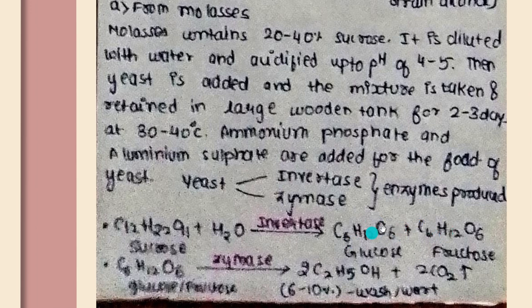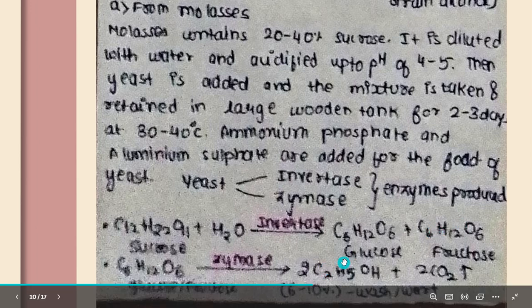One is glucose and one is fructose. That's why we have written it separately. Now this glucose or fructose in the presence of zymase will give us 2 moles of C2H5OH plus 2 moles of CO2.